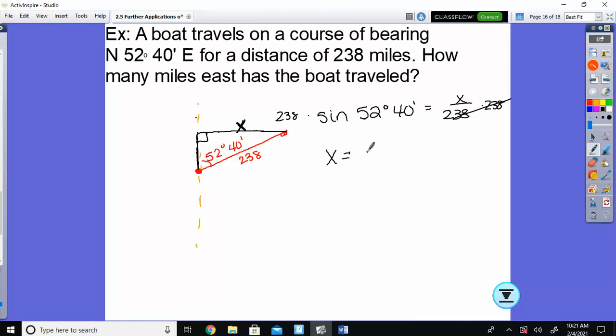And if you type that in, how many significant digits did I give you in the problem? 3. So if I round to 3 here, that would be 189 miles.